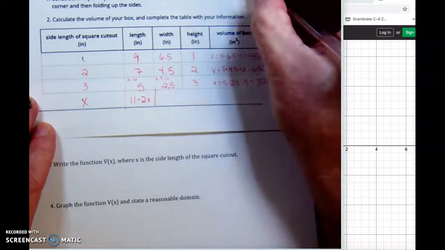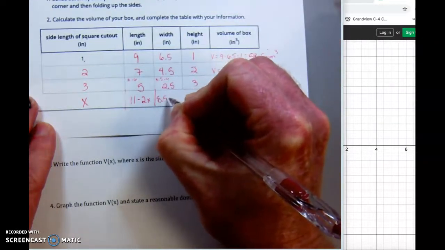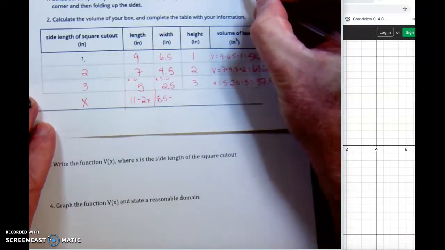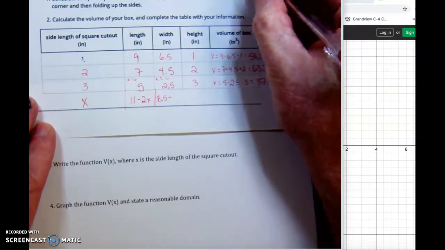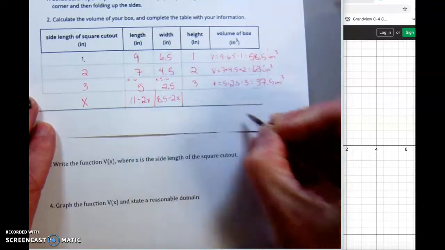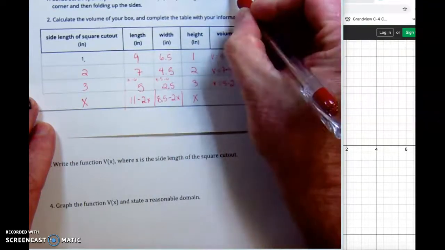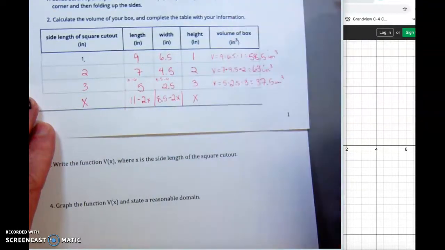The width would be the same idea. We start with 8.5, and we take x units off of this end and this end, so we take 2x off of that. And then our height would be x. That's how wide the squares are that we're cutting out.